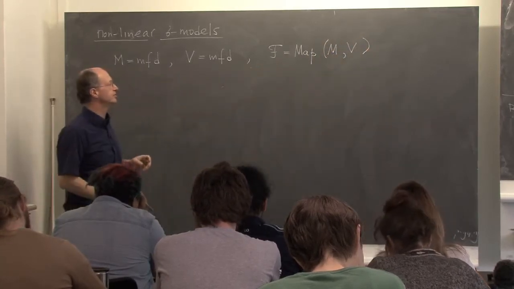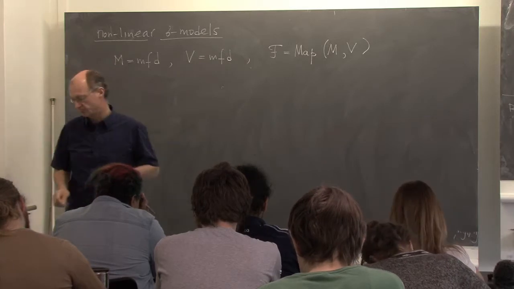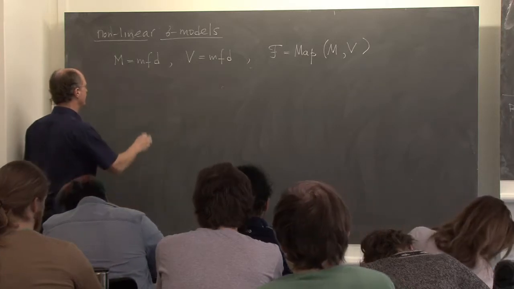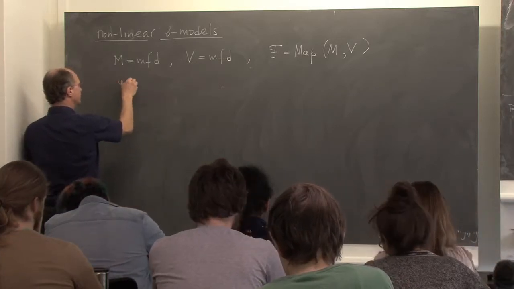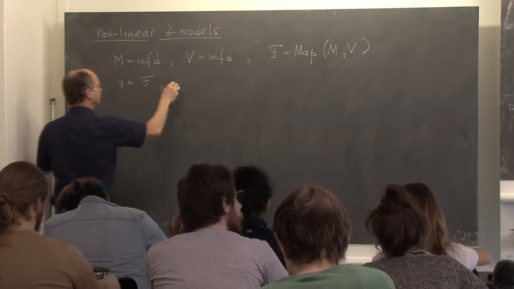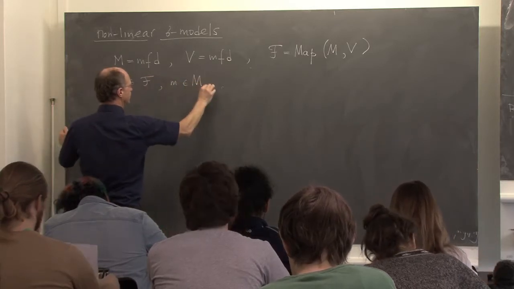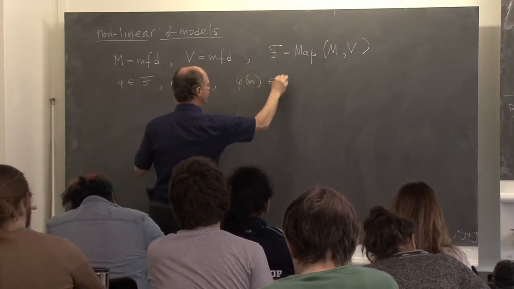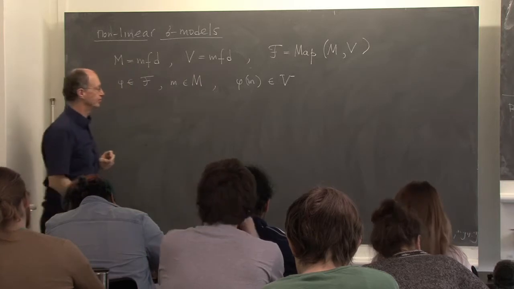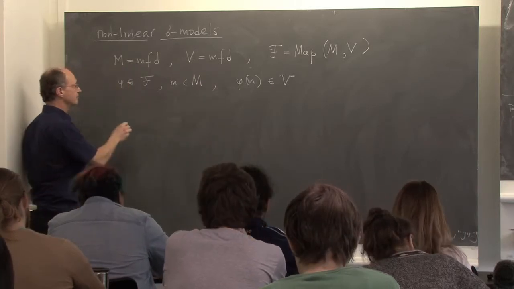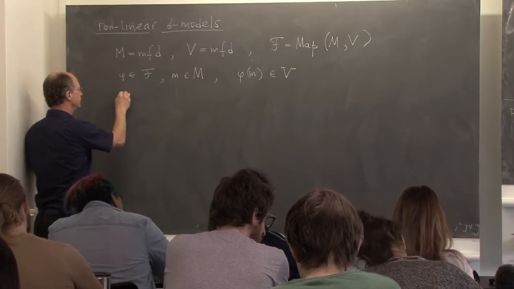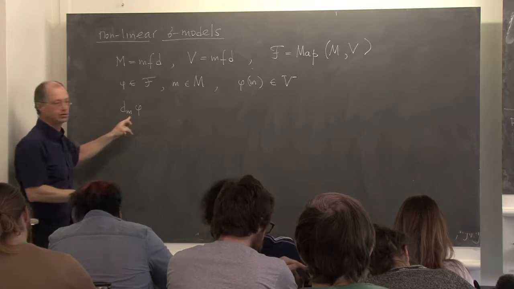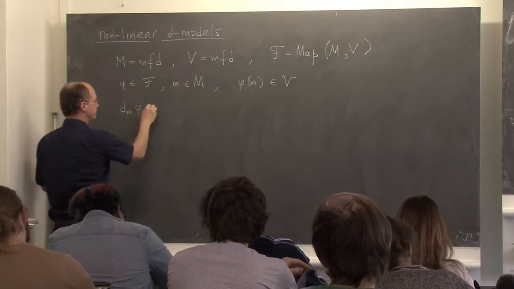And the space of fields is a space of maps, some kind of maps from M to V. So for phi in F and m in M, as usual, phi of m is now a point of V. And perhaps what would be interesting for us is the differential of phi at the point m.